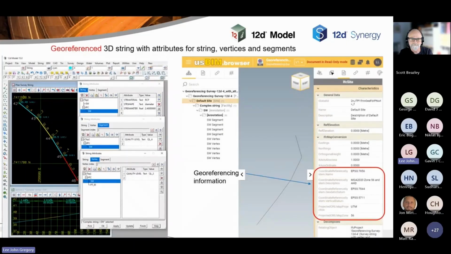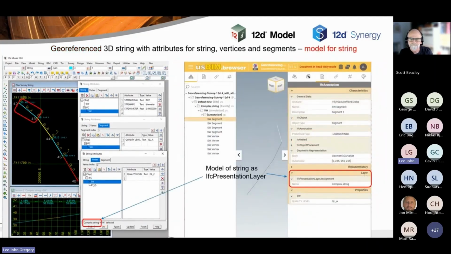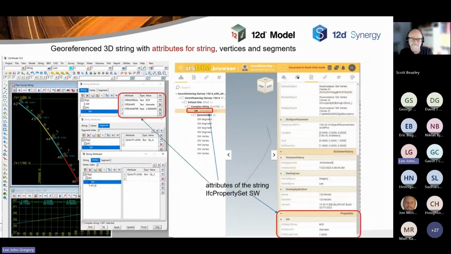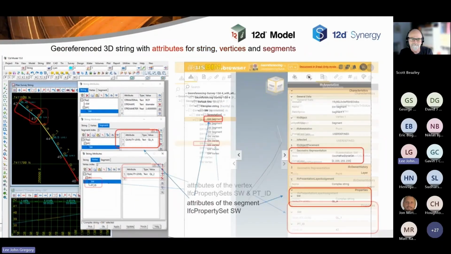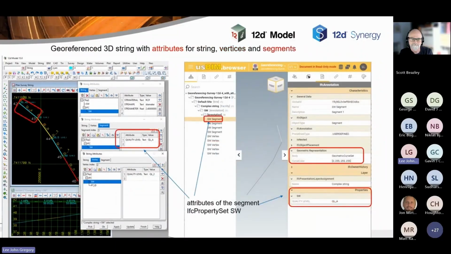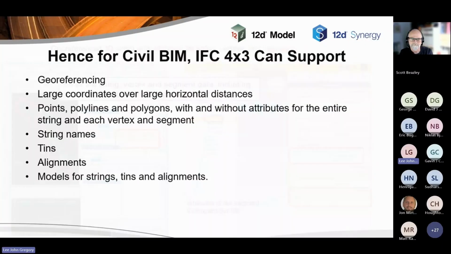So when you've got a survey string with all that data there, it's got georeferencing, you can see string names go across, the models can go across backwards and forwards. You've got your attributes for the string, you've got your attributes for your vertices, and you've got your attributes for your segments. All go backwards and forwards. So all your survey data and any string data does work. It's all there in IFC.